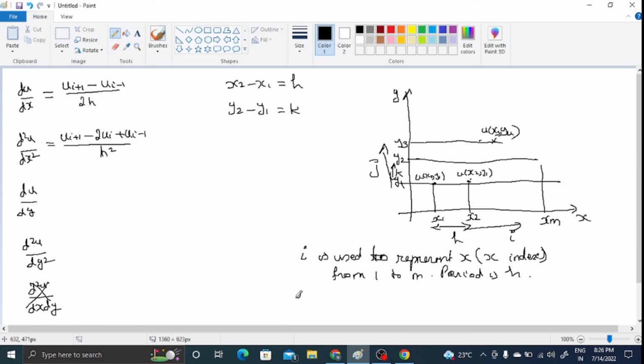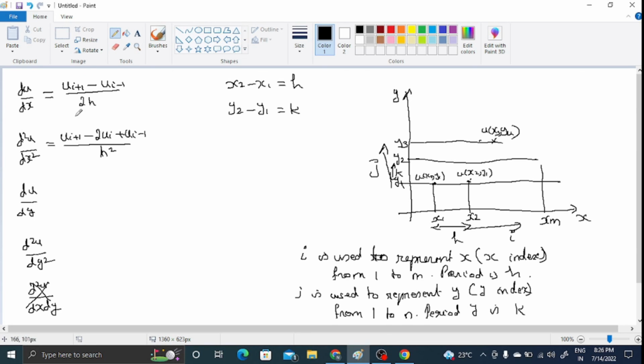Now j is used to represent the y values, meaning the y index. j is the y index, and that is from 1 to n. And the period of y is k.